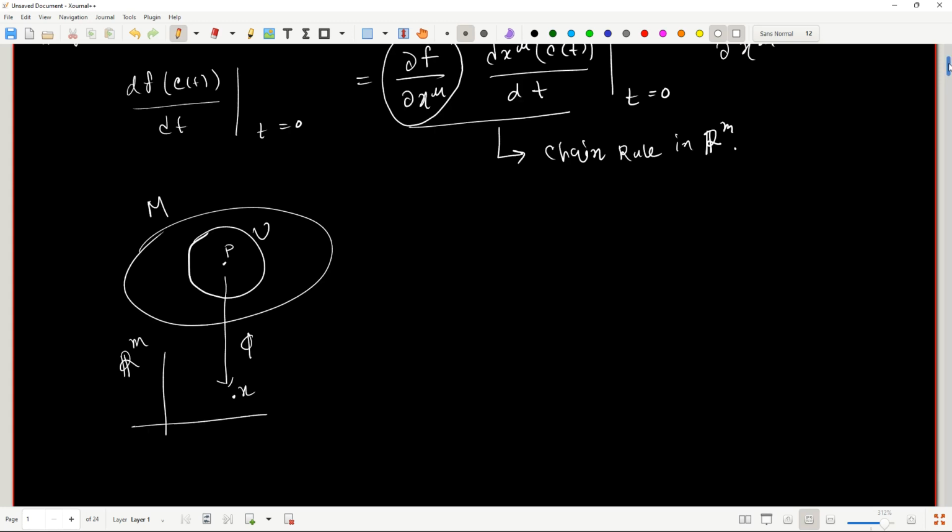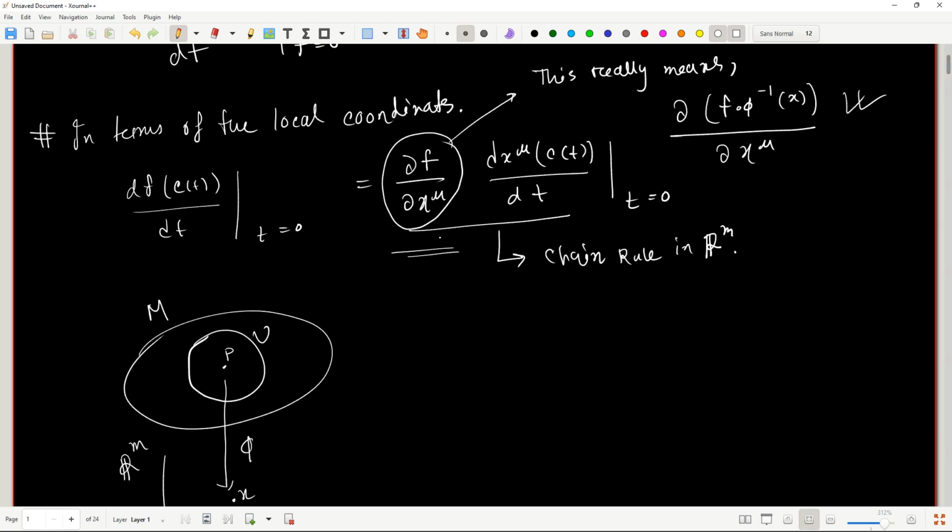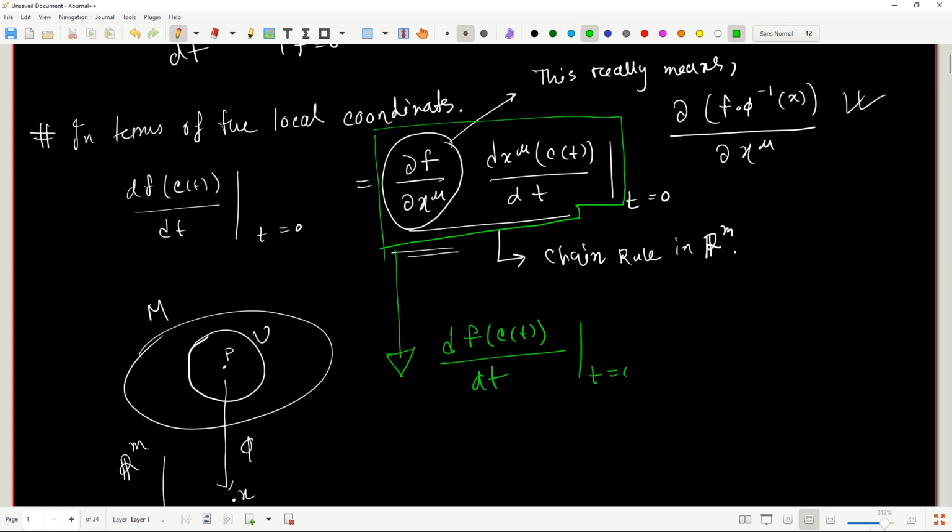So again, we look at this expression. And from this expression, what we can think is that this derivative at t equals 0 is obtained by applying a differential operator.